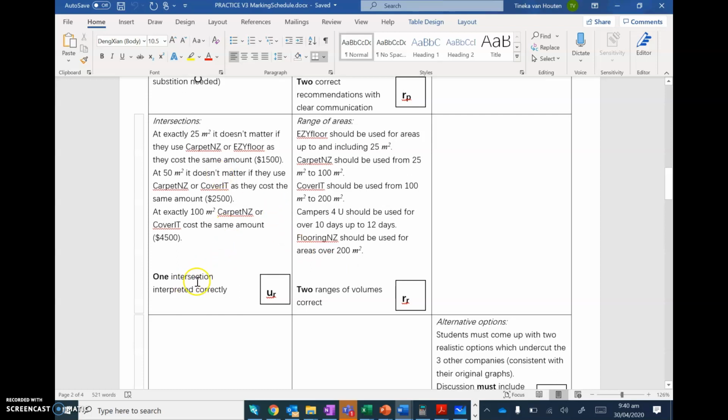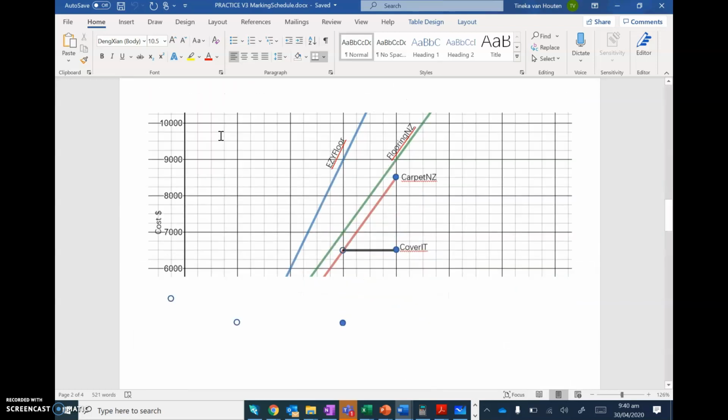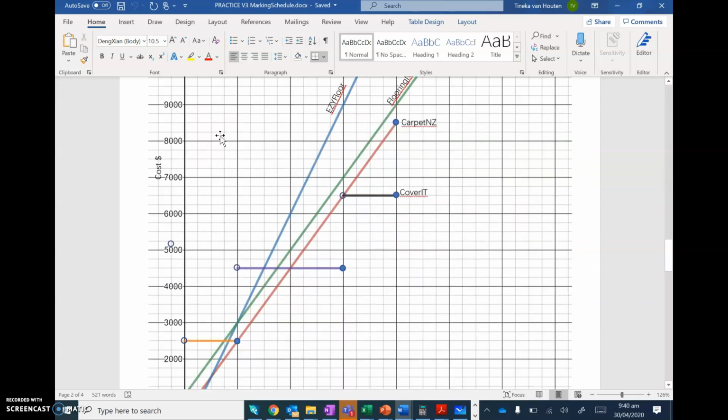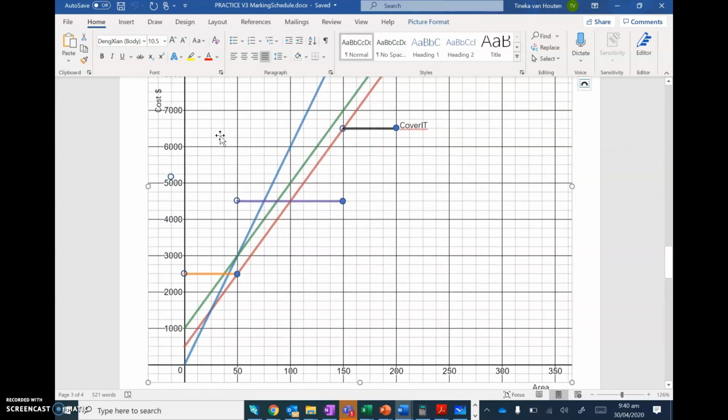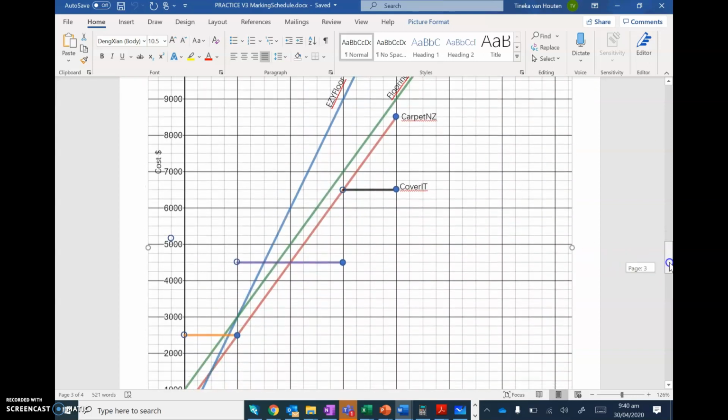The last one is the intersections. It's asking you for which range of values you would use for each company. So when you look at the graph, you've got to decide which ones you should use.